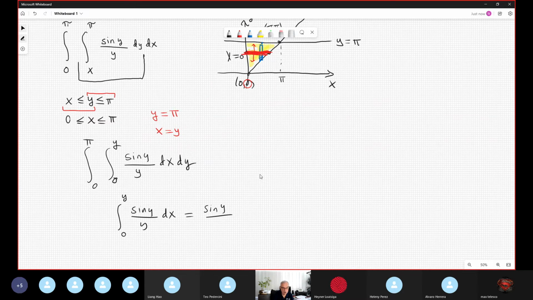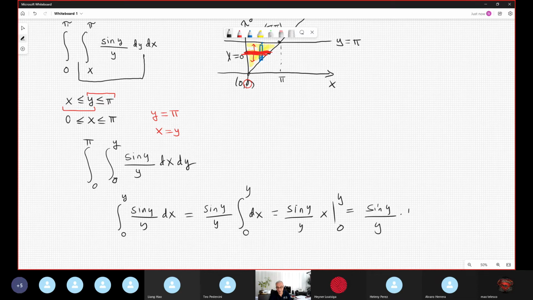Okay, so let's focus on the innermost integral and there detecting that sin y divided by y is a constant and basically your integration from 0 to y dx. Antiderivative of dx is x, evaluating between 0 and y. It's obvious. Okay, y, no? Y minus 0, and y cancel. Wow, fantastic. It's unbelievable. And now my second integral is sin y dy from 0 to pi.